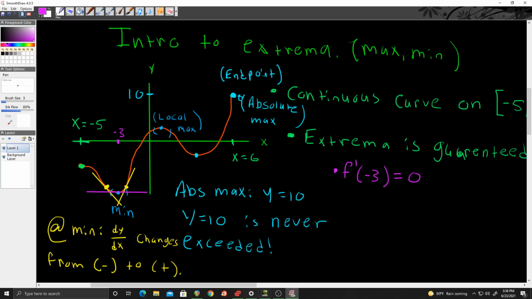And by the way, a little more vocabulary here. Whatever the x value is where the derivative is 0, this is called a critical number.